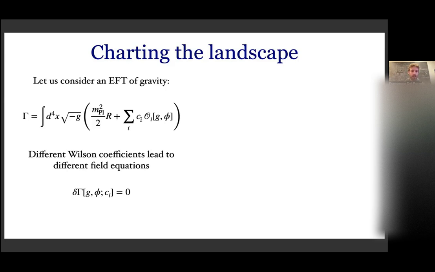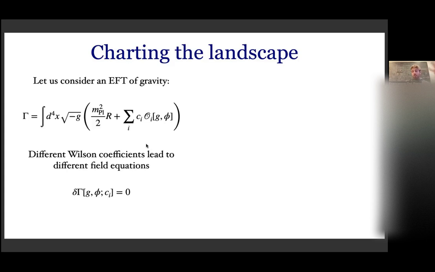But this is the generic shape of an effective field theory action. And you see that the dependence of the action on the Wilson coefficients will appear also at the level of the field equations, because when you minimize the action with respect to the dynamical fields that you have, there is also a dependence on these C_i.